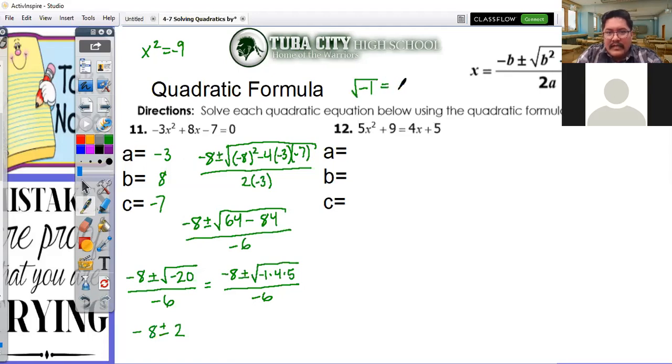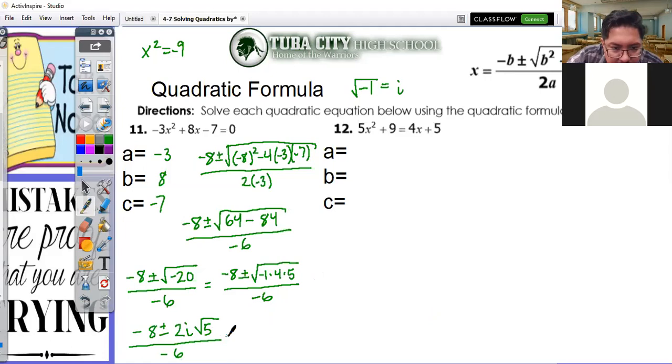The square root of negative 1 equals the special variable i, or imaginary number. So I'm going to take out this negative 1 and put it out front as i, so that way it is now an imaginary number. Don't forget the root 5, because we cannot take that out. There are no other numbers that we can factor 5 into that make it a nice number. So in this case here, I get negative 6.